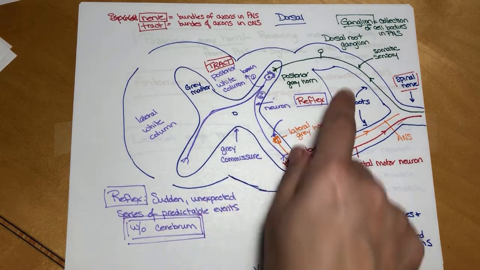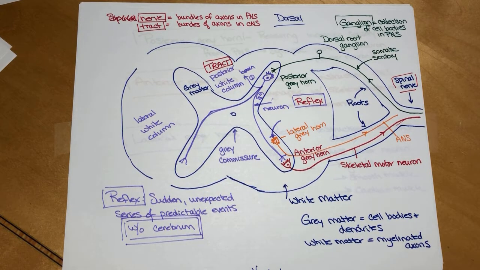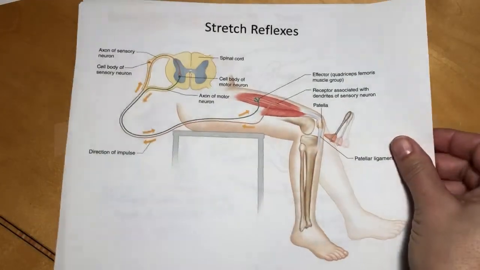So this all happens in the spinal cord. We're not asking the brain to make a plan and sign off on it. Even though the brain does find out about it, it usually finds out after you've already made your motion.